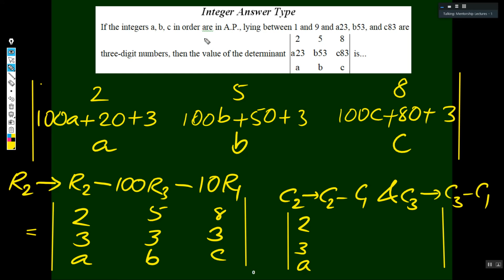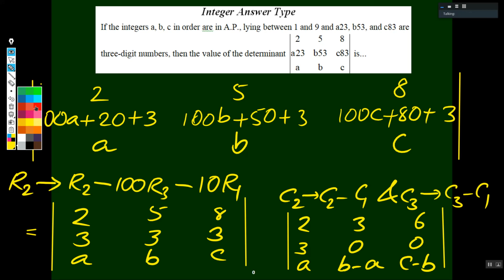And you can even go by giving values to ABC as 1, 2, 3. That's what I said. So this is 3, 0, B minus A. And this is 6, 0, C minus B. Find out the determinant now.